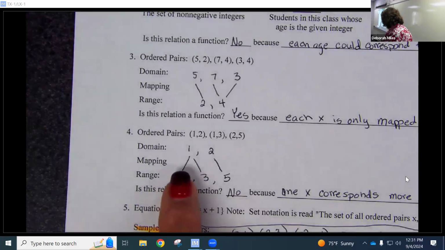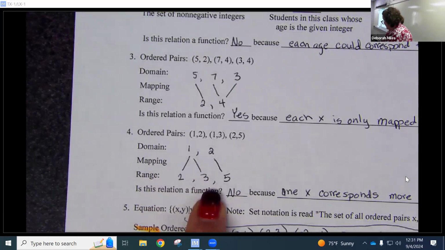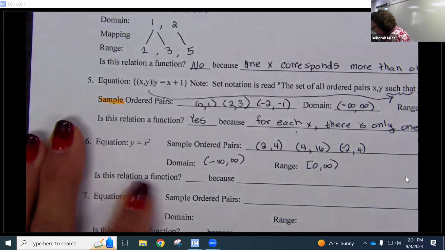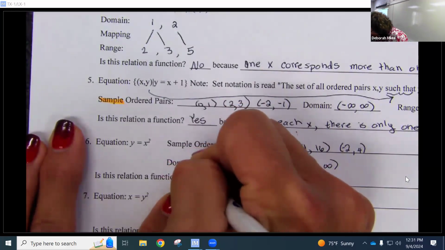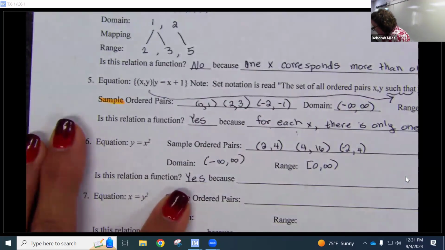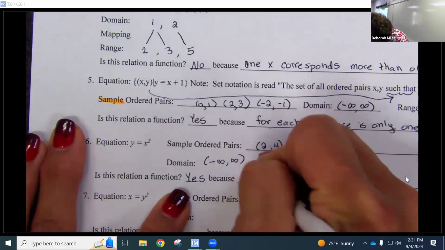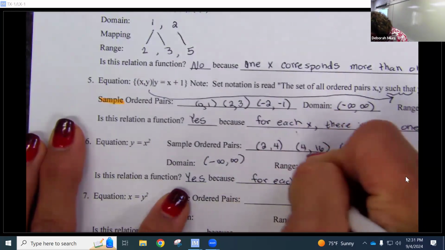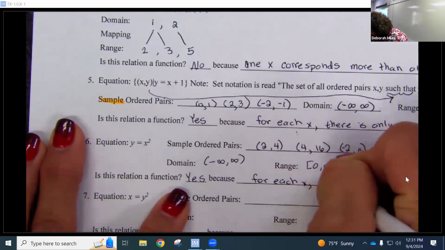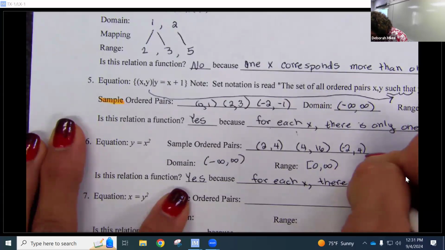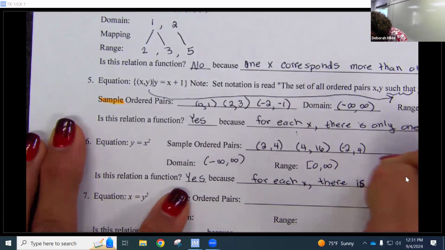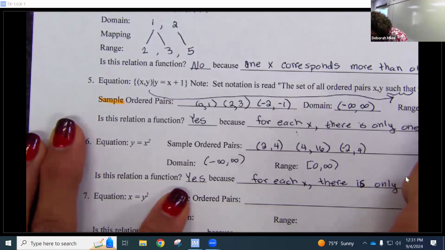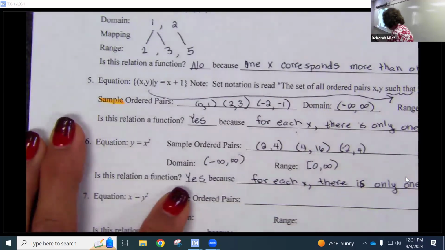The problem is when one x has two different y's. So this is a function because for each x, there is only one x squared.